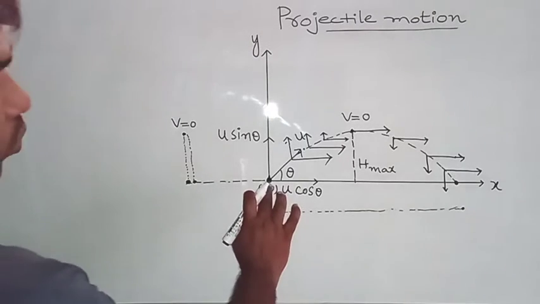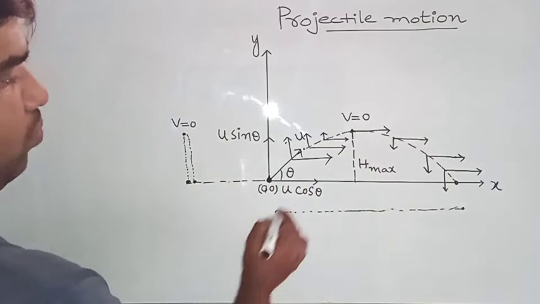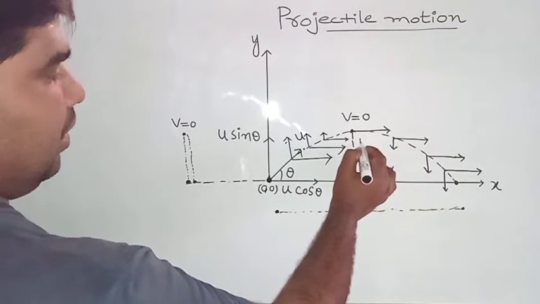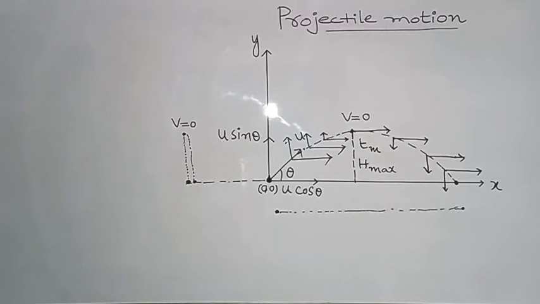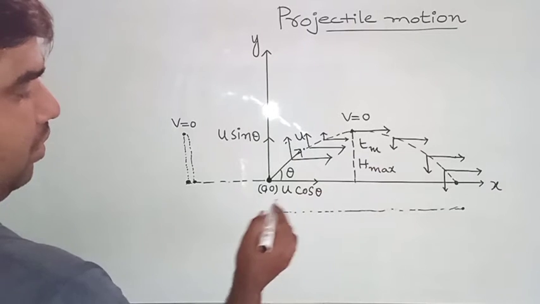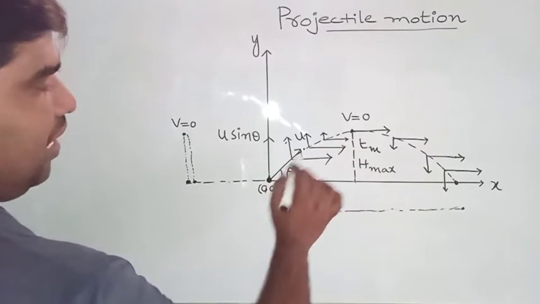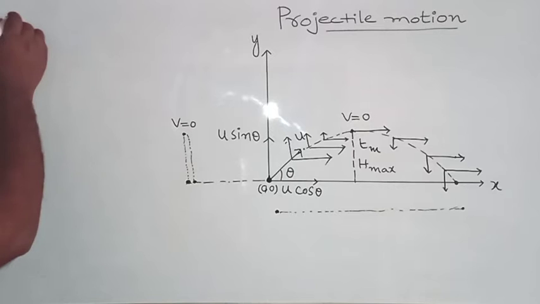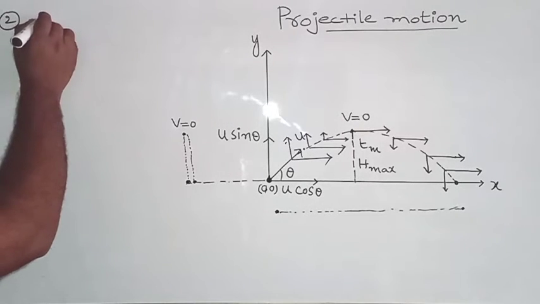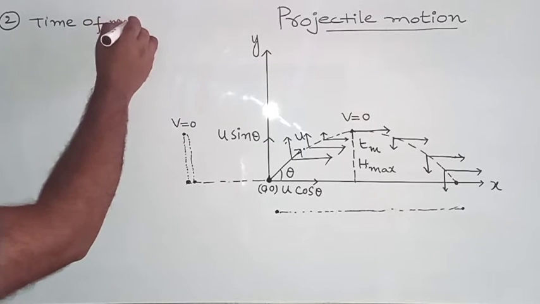Now, to reach from the projection point to the maximum height, how much time is taken? Here, the time of maximum height, Tm. Time of maximum height means the time taken by the particle to reach from the origin to the maximum height. Now, see here, how to calculate the time of maximum height?